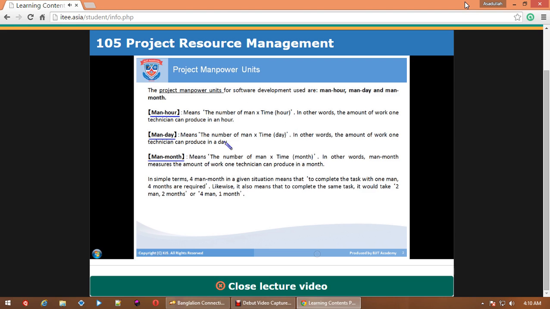Man day means the number of man into time in day. In other words, the amount of work one technician can produce in a day. Similarly, man month means the number of man into time in month. That is the amount of work one technician can produce in a month.